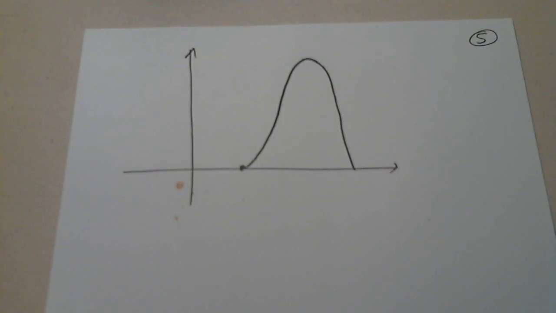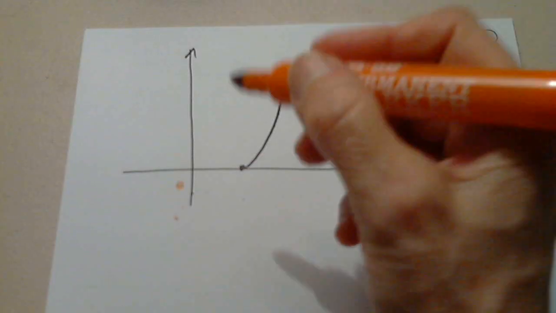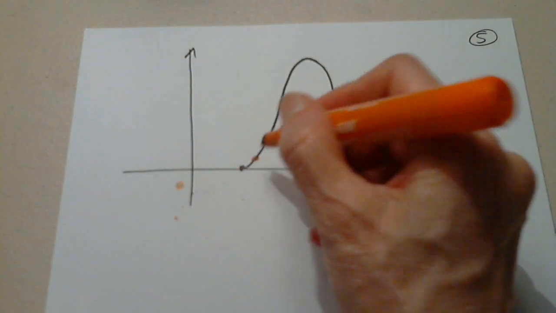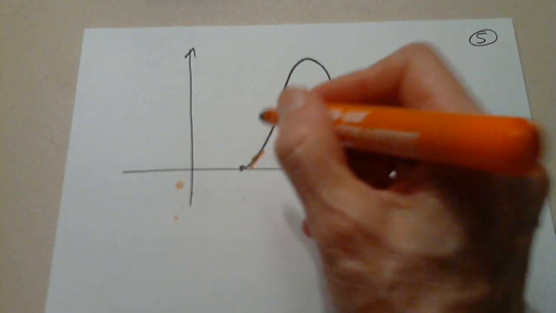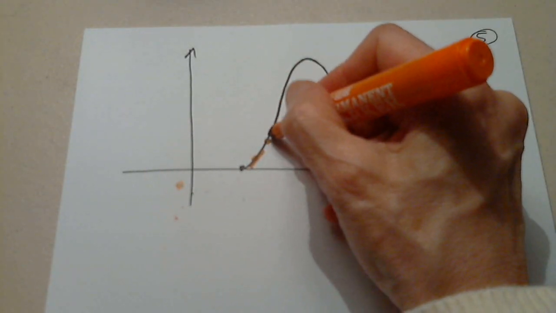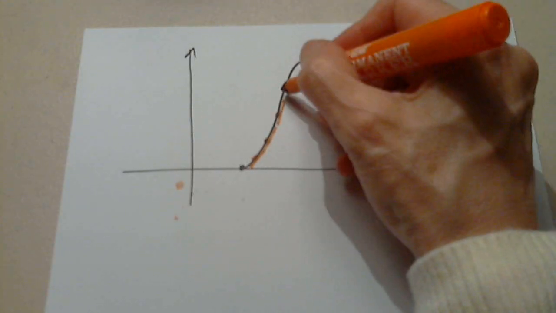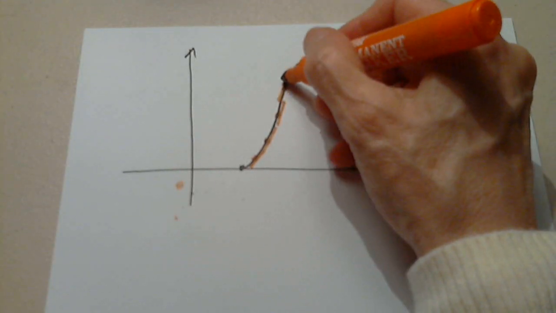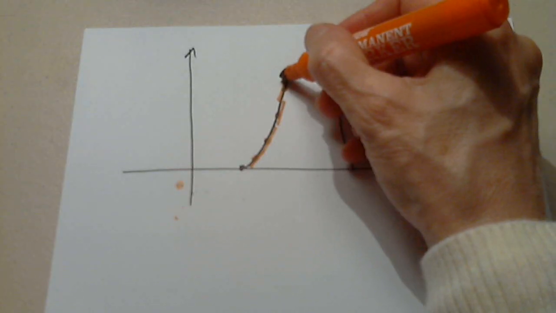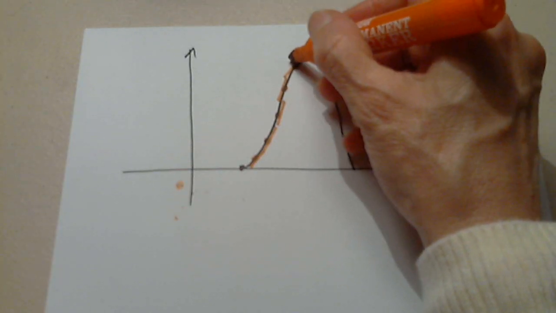I am going to draw tangent lines. And you can say tangent lines, what for? In a moment I'll explain. So at different locations, I'm going to draw tangent lines. At this point, at this point, at this point, at this point.